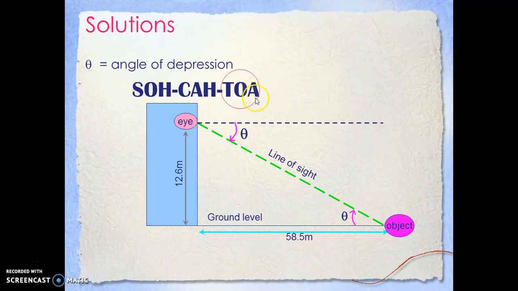So we have to use the tangent function. And tangent theta is equal to opposite, 12.6, over the adjacent, which is 58.5.